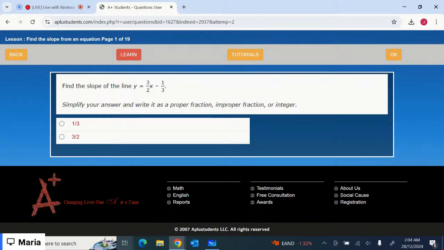So you just have to compare this equation with the general form, that is y equals mx plus b.